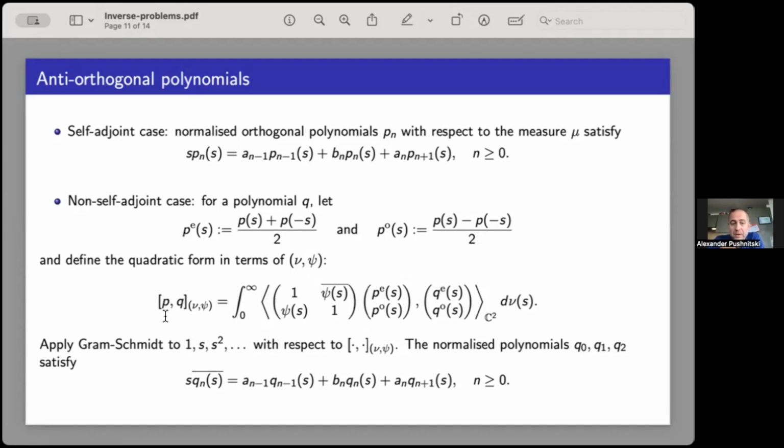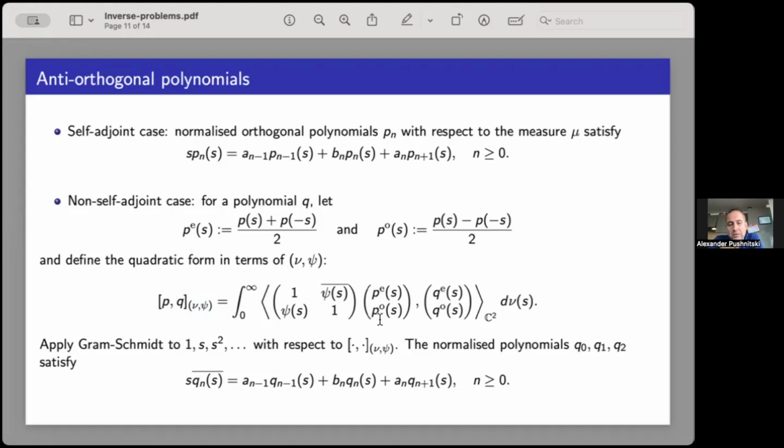It's a bilinear functional on two polynomials p and q, denoted by square brackets indexed by nu, psi, because it depends on nu and psi. I take this 2 by 2 matrix, which uses psi, and then I form the column of even and odd parts of p, and the even and odd parts of q. Here the matrix acts on this column, and then I have an inner product of two vectors in C2.